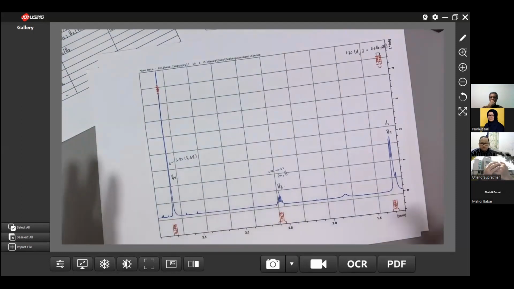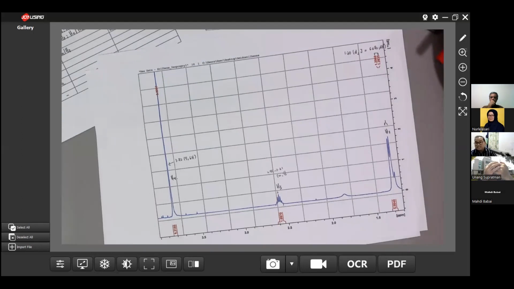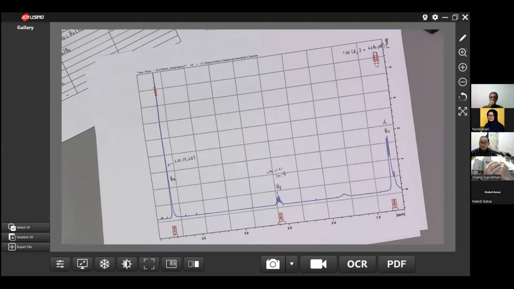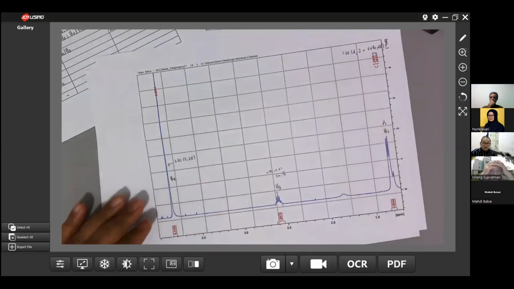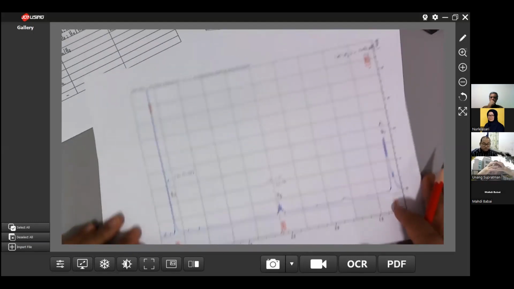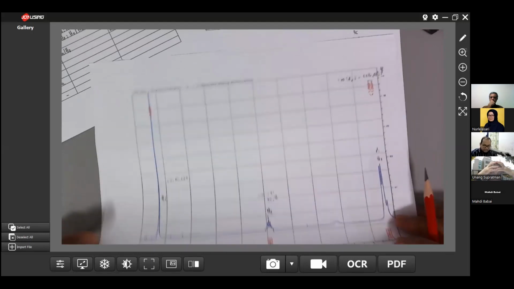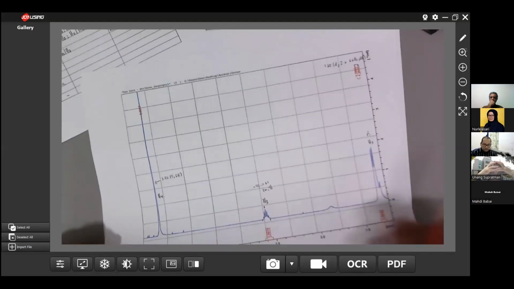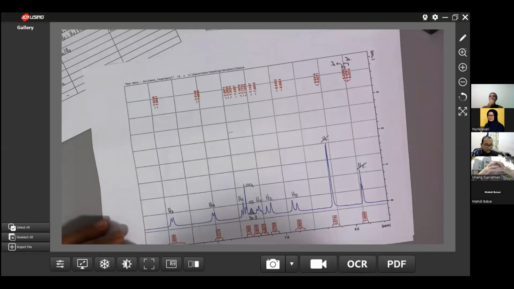If you remember during our undergraduate days, we had to calculate manually by using rulers. Now we have the computer to read for us, so it's better to use the computer. So this is the first one.